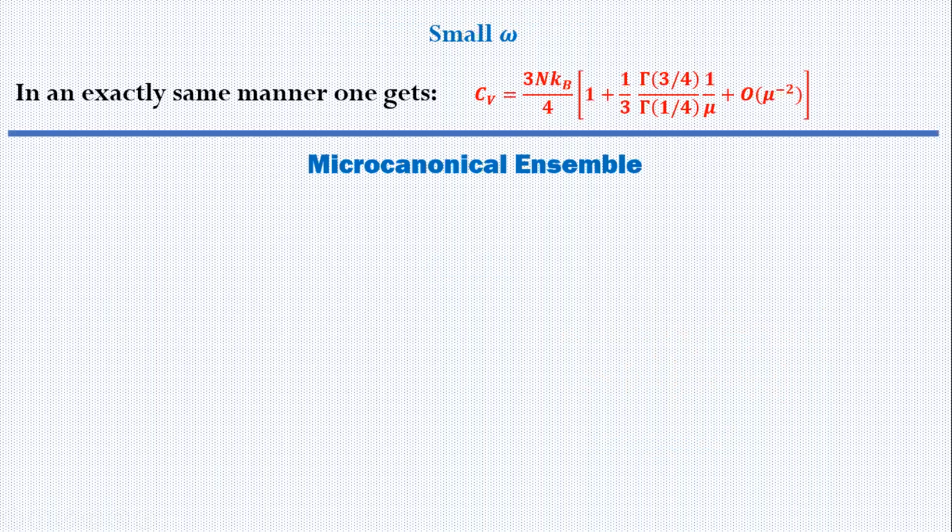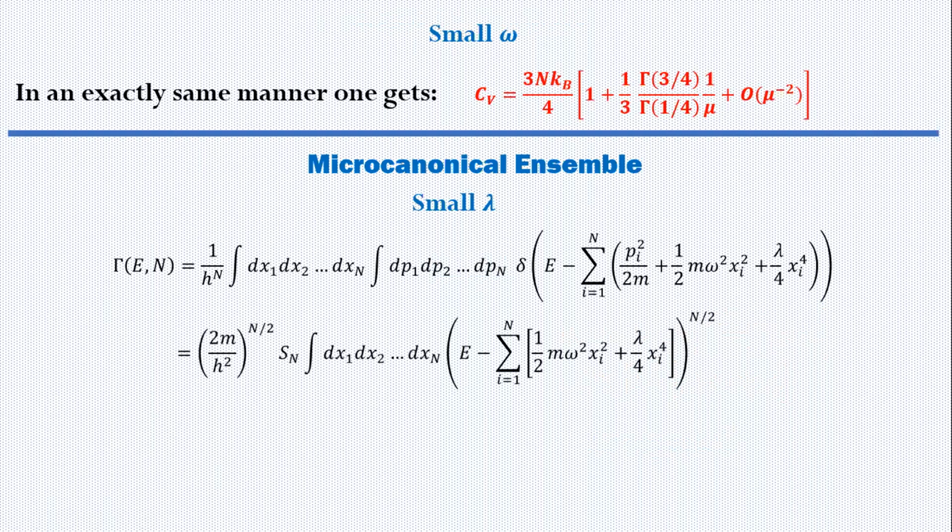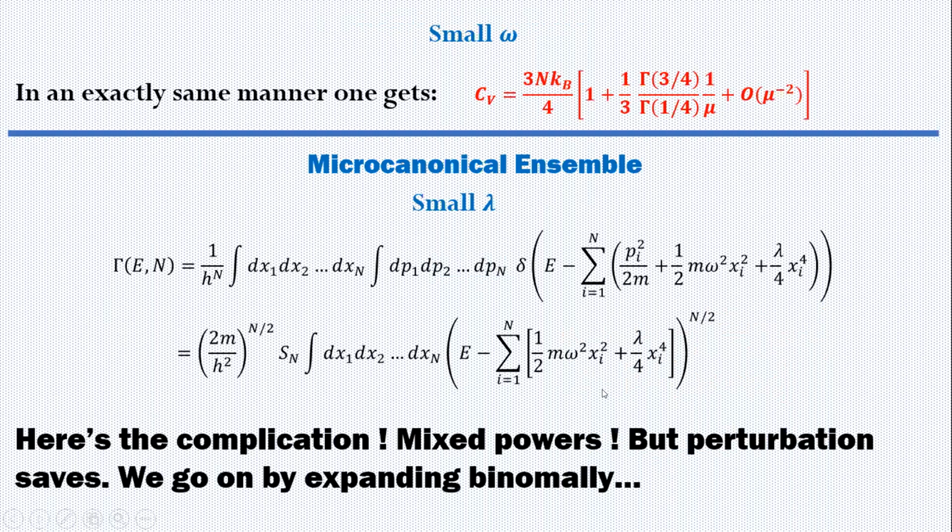Now, what does the microcanonical ensemble say to us? First, we look at the small lambda case, and we have to do this. We are up to this right now, but the problem is there are mixed powers, so it is in general difficult, but perturbation says we can expand this binomially.